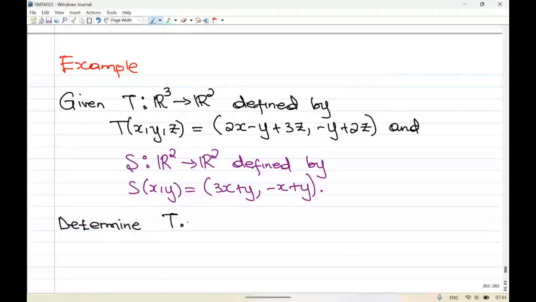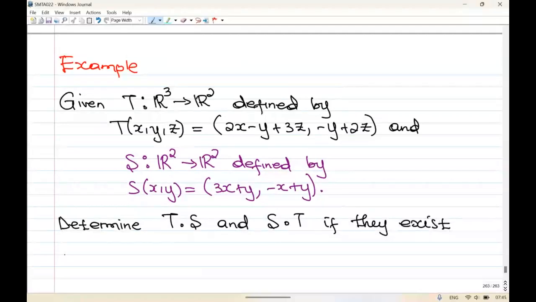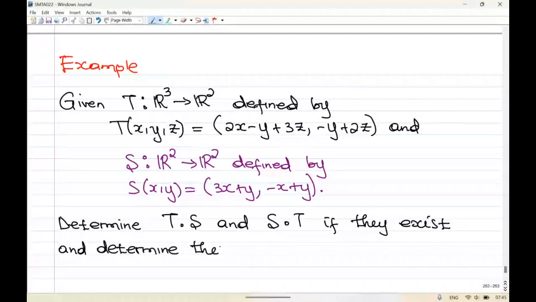Determine the TS, and also you must check the composition of ST if they exist, and determine the corresponding matrix representation.